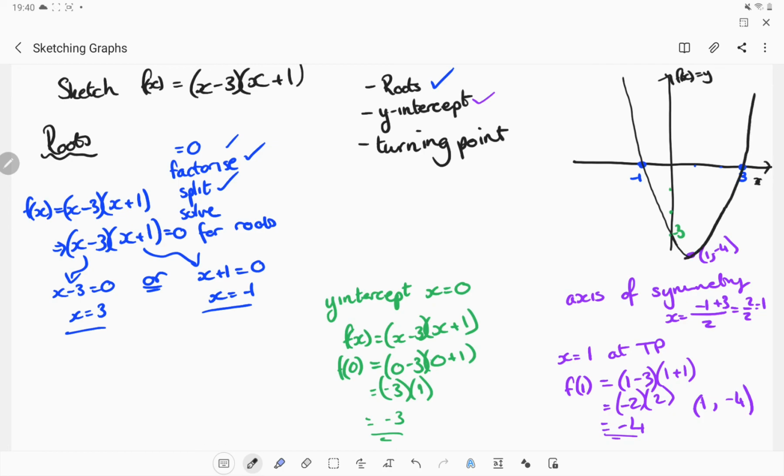This is why we quite often tell you to use a pencil, because the great thing about that is you can go over the same line and improve it until you are happy that you have done a symmetrical graph and you have shown your roots, your y-intercept, and your turning point.